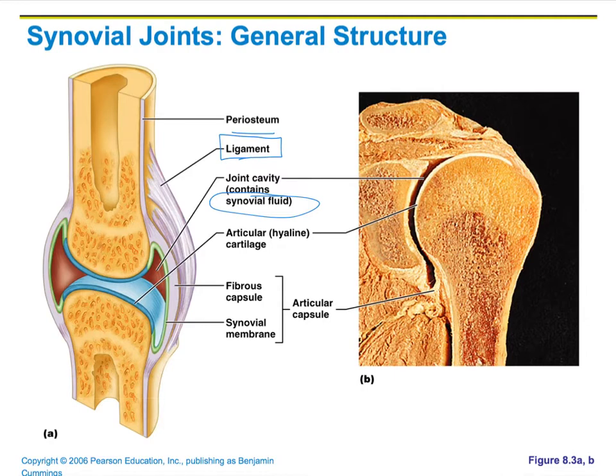The periosteum becomes articular cartilage at the tip of the bone, at the end of the epiphysis, and again functions as a cushion. And the capsule, related to the ligament, also structurally binds the bones together tightly. Again, this fluid is produced by the synovial membrane, which, if you notice, is continuous with the articular cartilage as well.